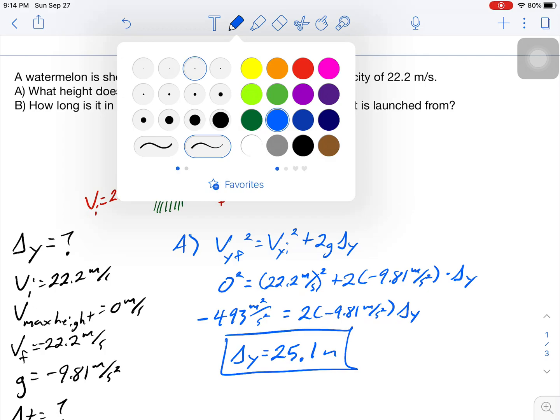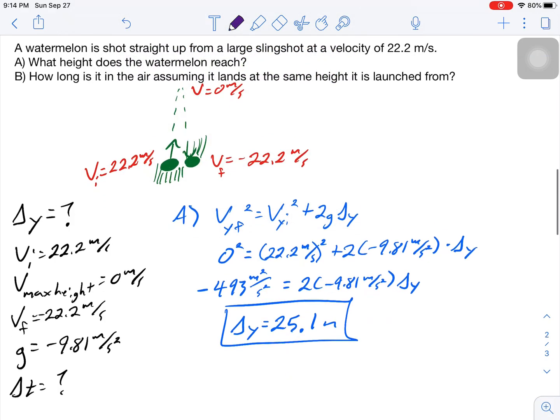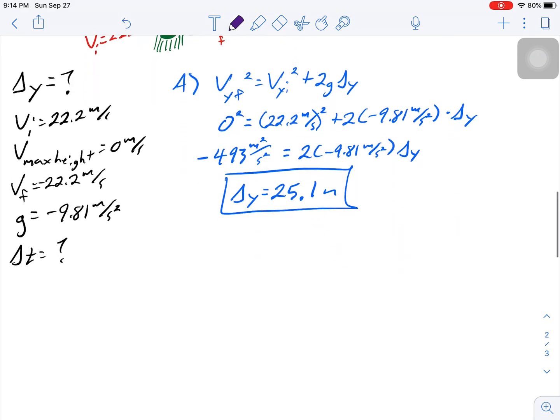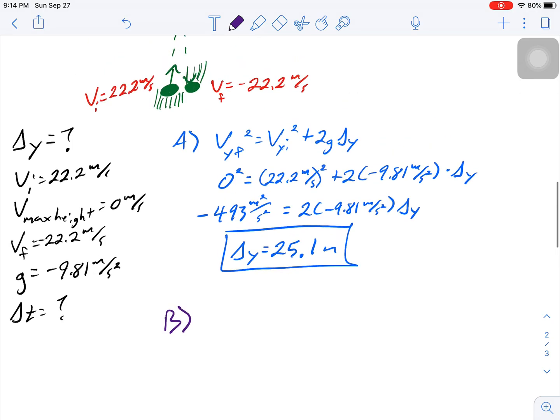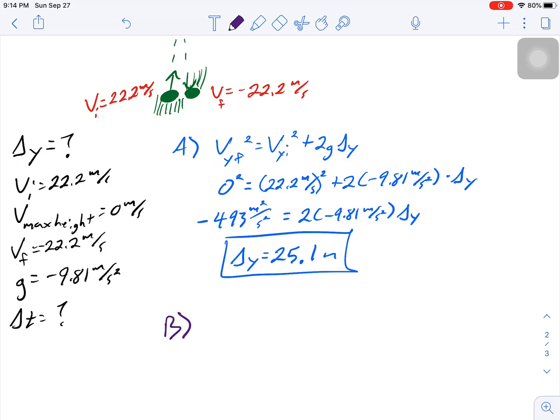Now in B, how long is it in the air? We have a few different ways that we could go about this. What I think is going to be the easiest way would be vyf equals vyi plus g delta t.